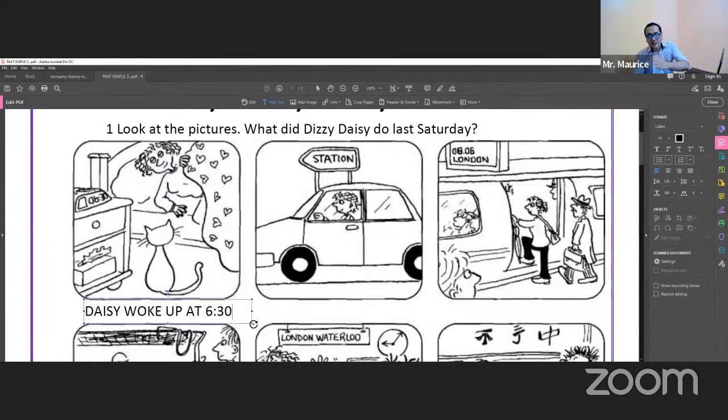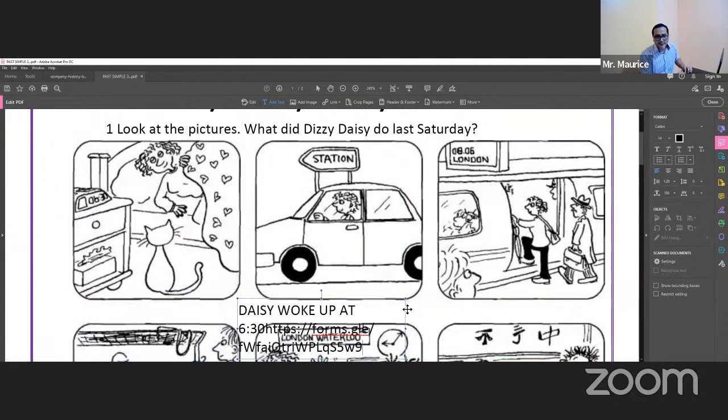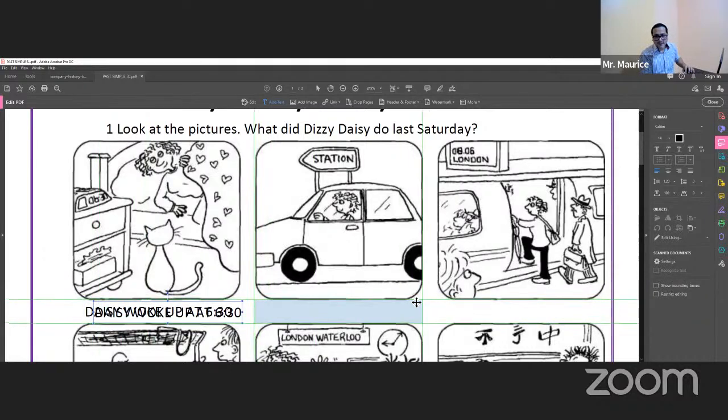Then you continue to the next picture. Okay, in the next picture, you should start like this one. Take a look. Okay, ¿qué verbo podemos darle a la segunda? You look at the picture and give me a verb, please.